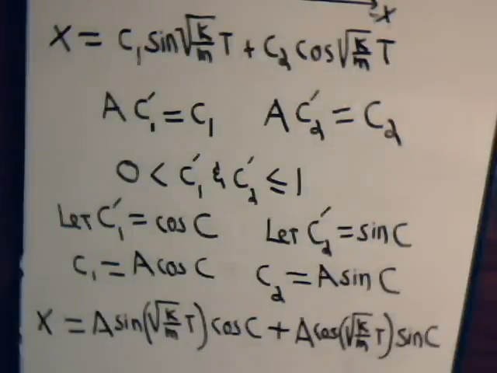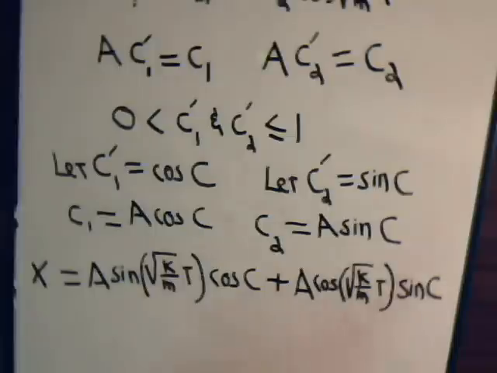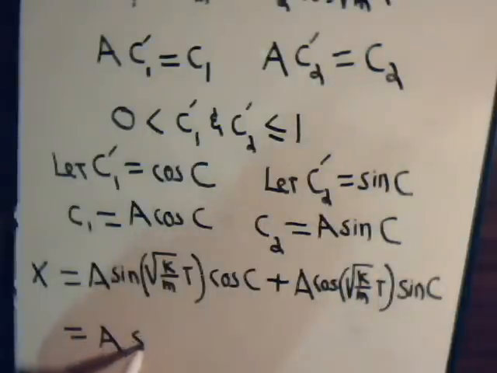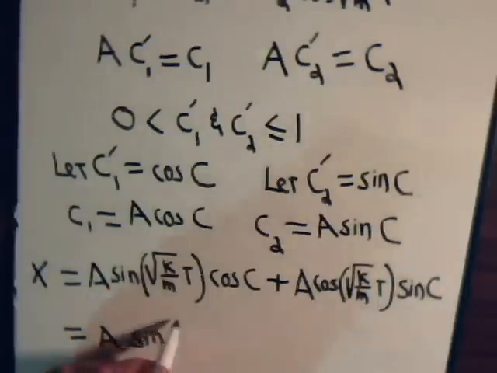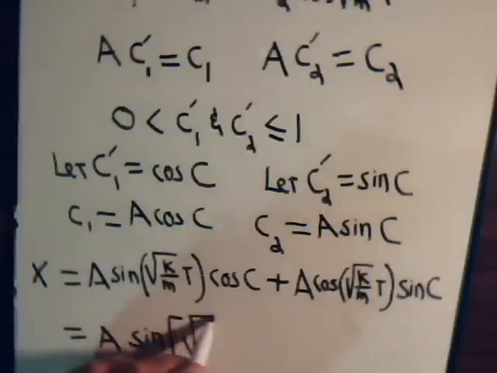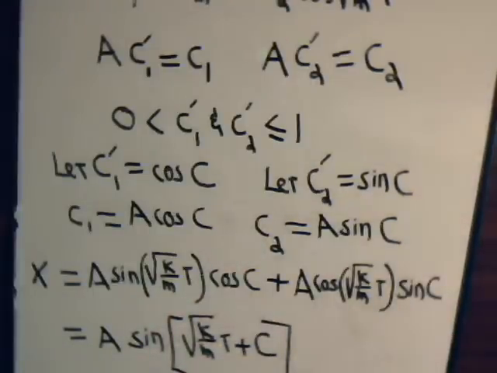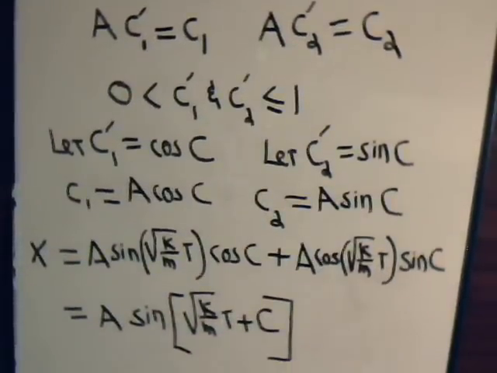And the reason why we did all that fiddling around is, look how this turns out. We have sine, cosine, plus cosine, sine. So this will equal, factor the A out, and we will have sine of the square root of k over m times t plus C. Expand this out and you get this.